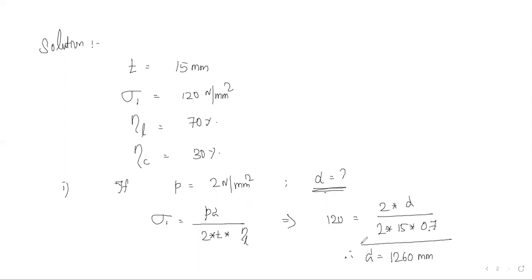So this is with respect to the first. Now if I am going to take sigma 2 is equal to 120 Newton per mm square, since we have to take the maximum diameter. So sigma 2 formula is P into D divided by 4T into efficiency of joint in the circumferential.